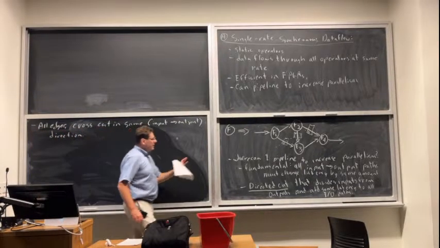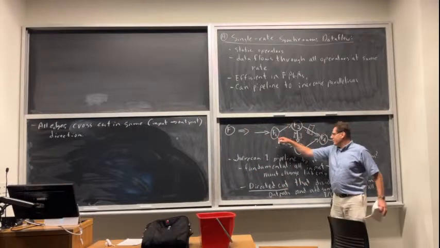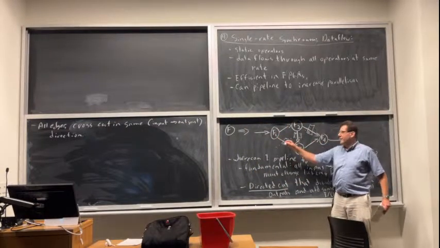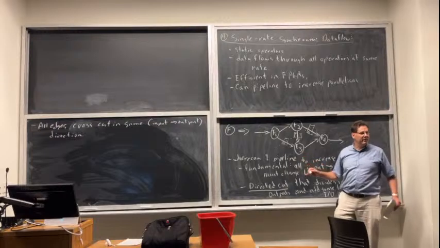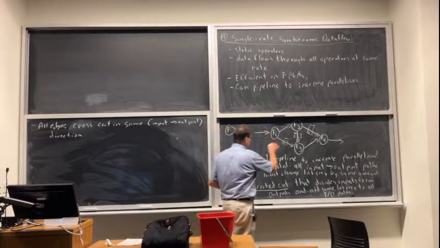So I've disconnected my inputs from the outputs, and I've always got input on one side of the cut and output on the other side. So I'm always crossing in the same direction. And yes, that is a legal cut.